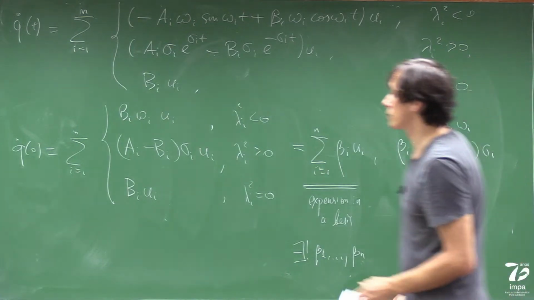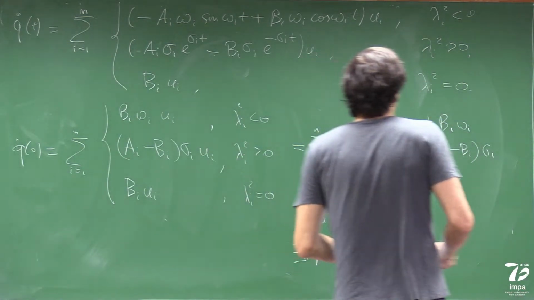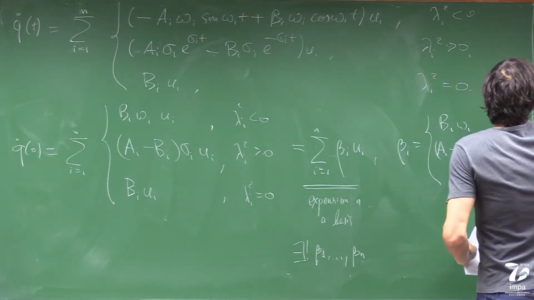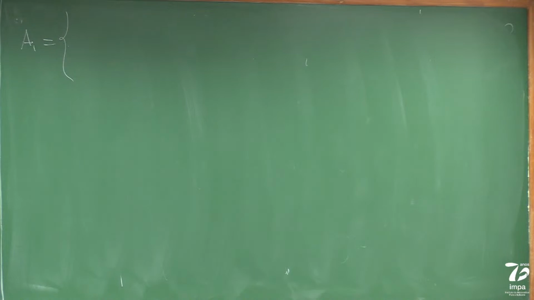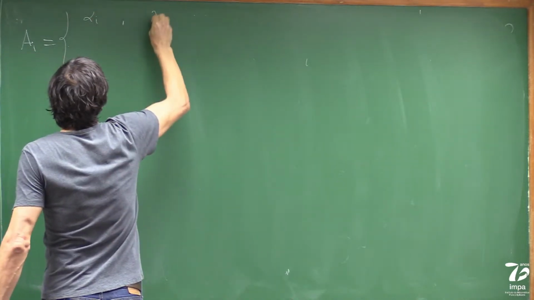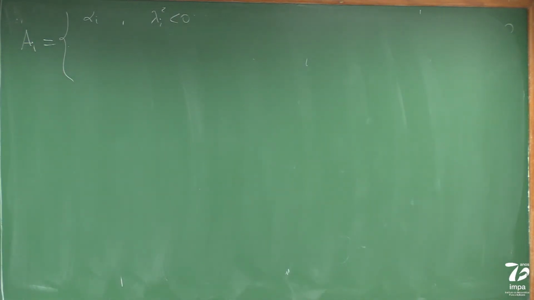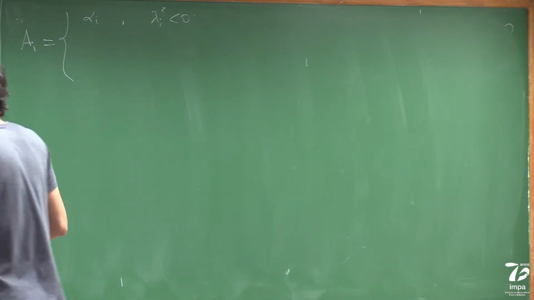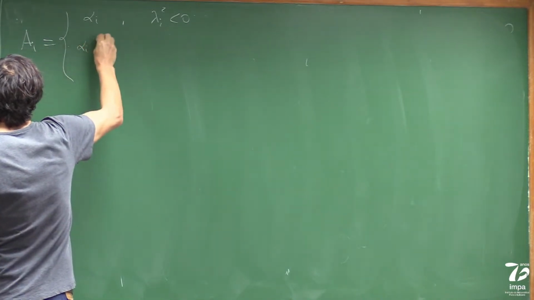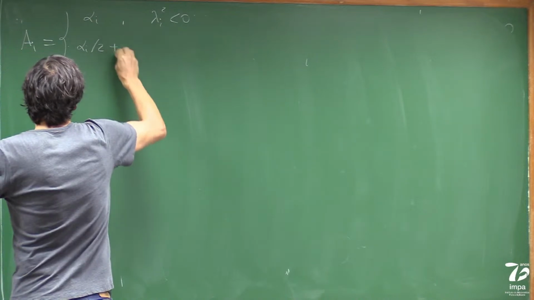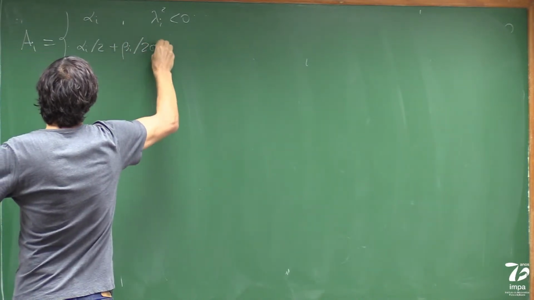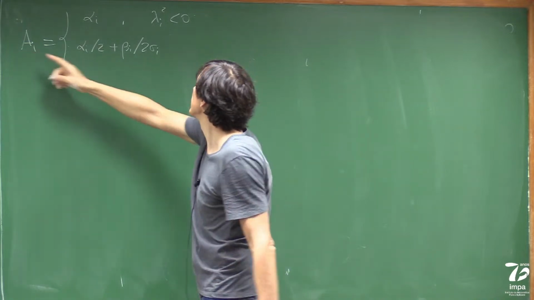And this is not so hard because look what we have. So a_i, whenever lambda_i is negative, we just take alpha_i. Or when it's positive, you can combine this with that. So what you can do, you take alpha_i divided by 2 plus beta_i divided by 2 sigma_i. It gives you a_i exactly.